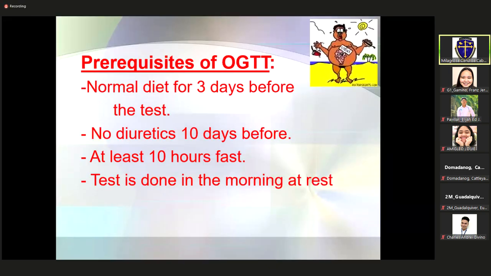So, yun ang mangyayari sa'yo. So, what would be the prerequisites of OGTT? Kung scheduled ka for OGTT, normal diet ka for 3 days before the test. Then, there would be no diuretics 10 days before, and at least 10 hours ka nag-fast. Then, test is done in the morning at rest.